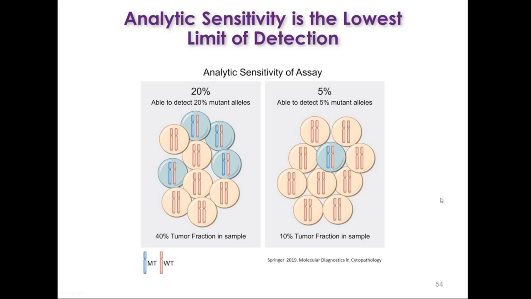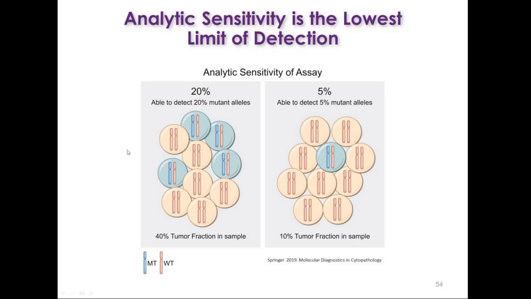And to highlight that, I just want to draw your attention to this figure. So let's say most tumors tend to be heterozygous, which means that they have one mutant allele and one wild type allele. So if you have a sample where you have 40% tumor cells, so here you have a sample, these are your tumor cells in blue. You have one mutant allele, one wild type allele, while all your normal cells have two wild type alleles.